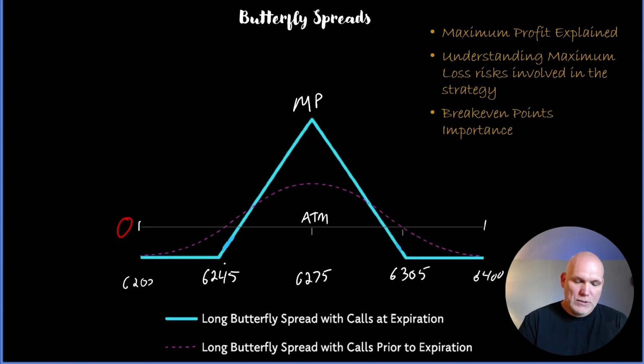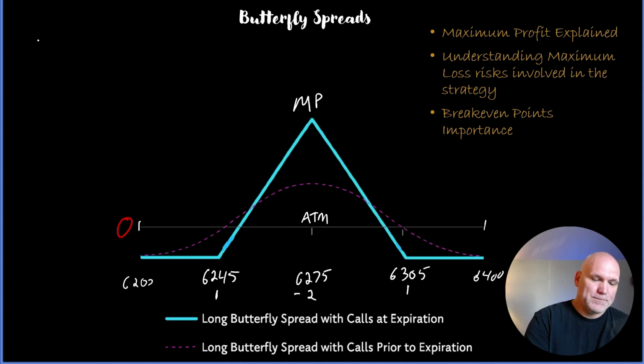Now, I have an options contract here. There'll be one here, two here, and one here. And these two are actually short. If you were to break apart the butterfly, it's really just a bull call spread and a bear call spread combined.